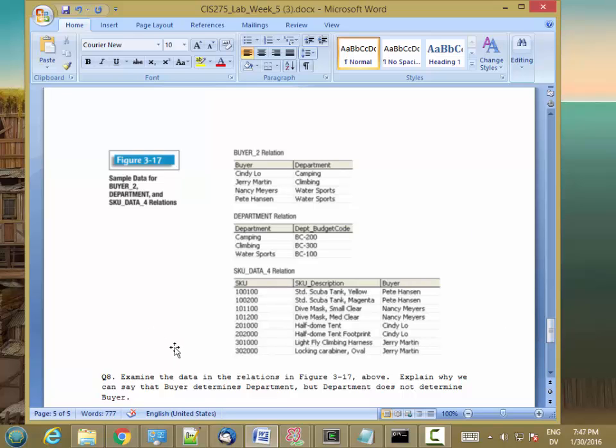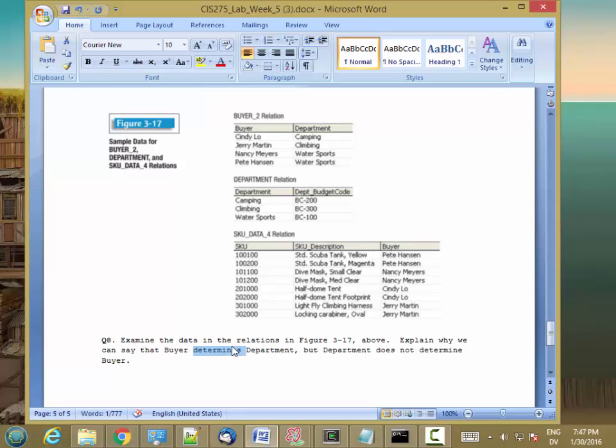So for question 8, here's some data, and you're asked to explain why buyer determines department, but department does not determine buyer. So determine in this sense basically means that if I tell you the name of a buyer, you can always tell me the name of a department. That's what determines means. For any distinct value here, you're going to have a corresponding distinct value here, exactly one unique value.